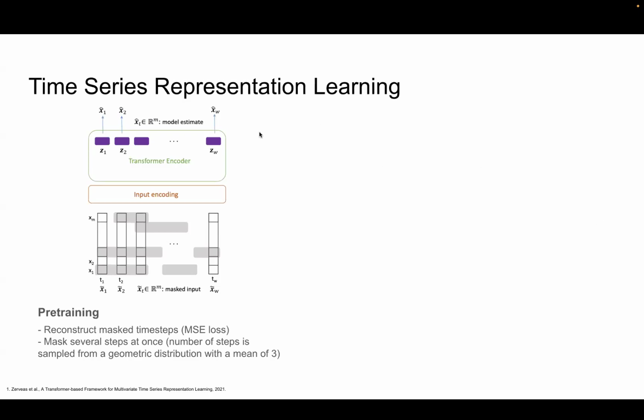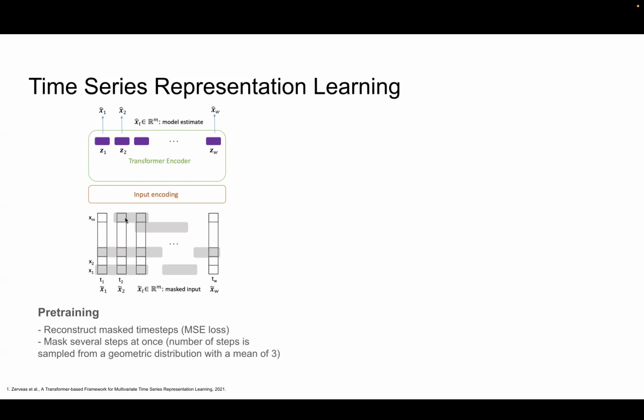So we'll first look at a paper from 2021. Here we have a time series window of W number of time steps and M number of variables. And our pre-training objective is to reconstruct some time steps that we masked.